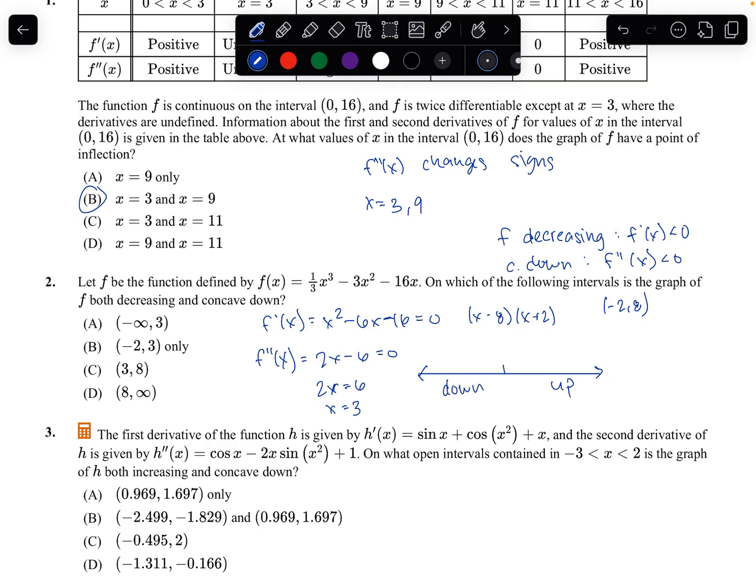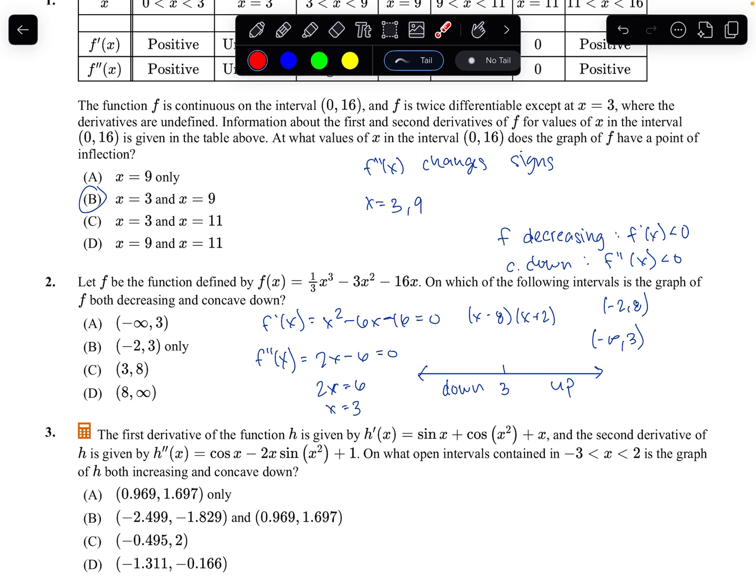But again, it's really not too hard. If this right here is going to be equal to 3, if I plug in something like 0, you can see it's negative. And then if I plug in something like 4, that'd be 8 minus 6, which would be positive. So it's concave down from negative infinity to 3. So where is it going to be both decreasing and concave down?